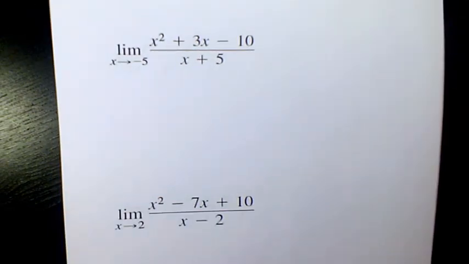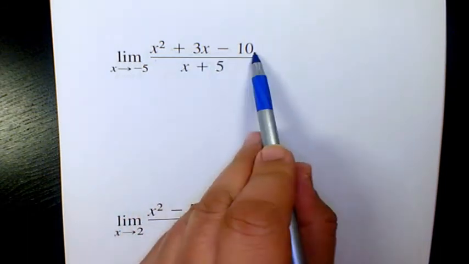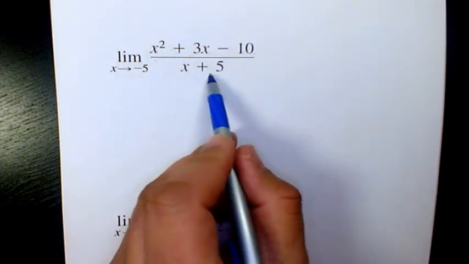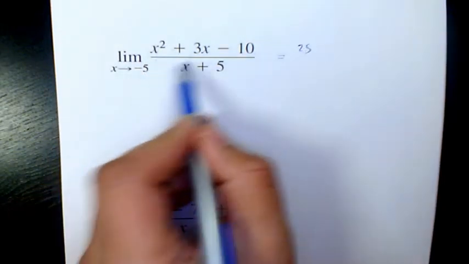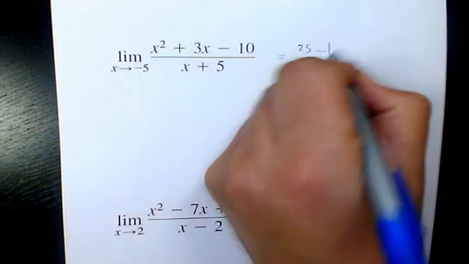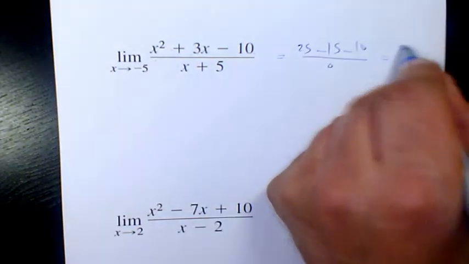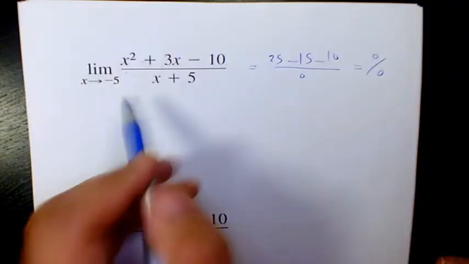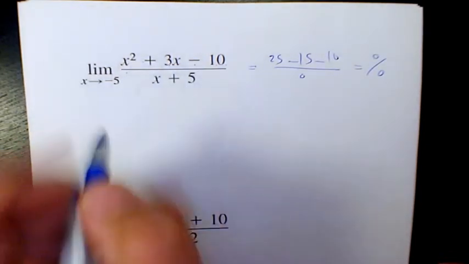Next example: x squared plus 3x minus 10 divided by x plus 5. Let's see, negative 5 to the power of 2 is 25, 3 times negative 5 is negative 15, and negative 10 over 0. So it's going to be 0 over 0. Let's factor the numerator. Multiply to negative 10, add to 3.